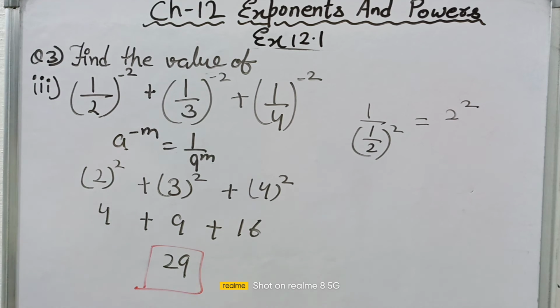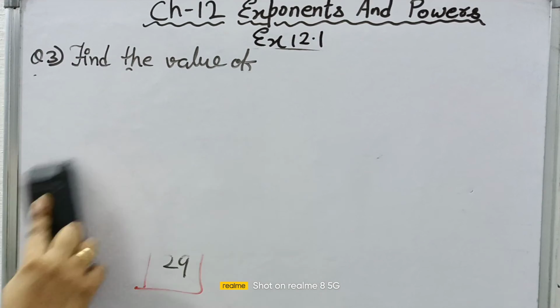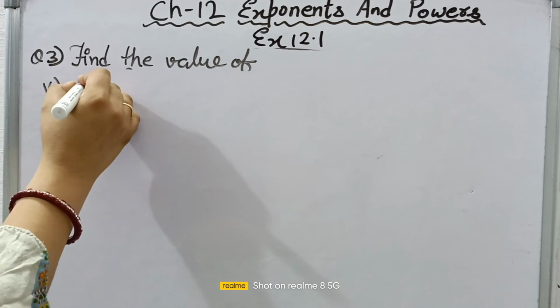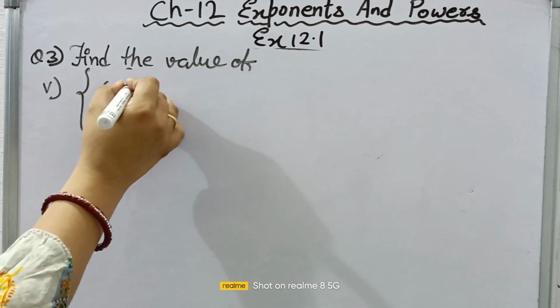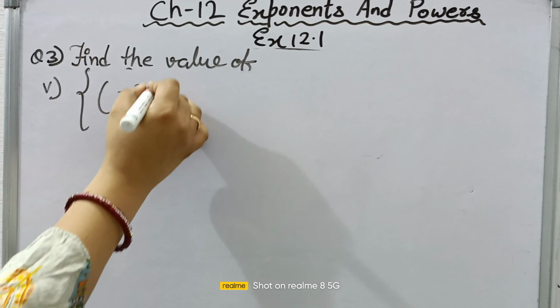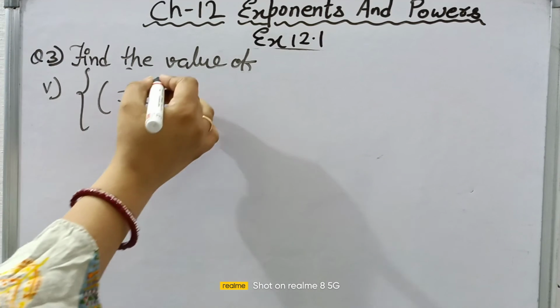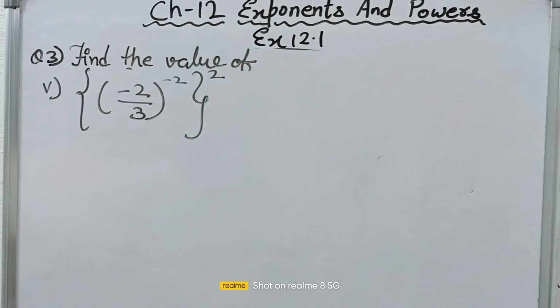Let me explain the last part of this question and then the rest of the parts you will do yourself. The last part is (-2 upon 3) raised to the power -2, whole raised to the power 2.